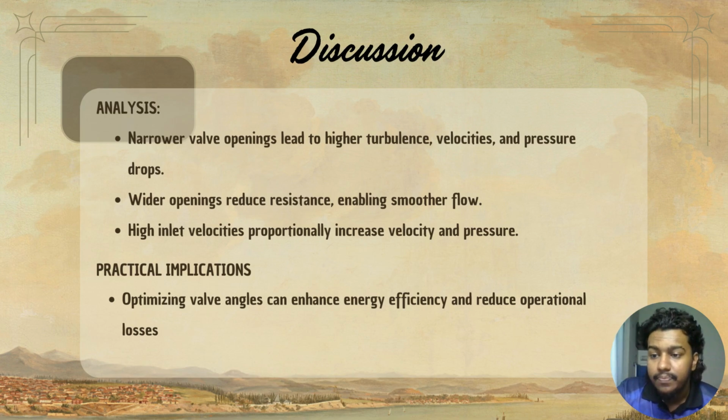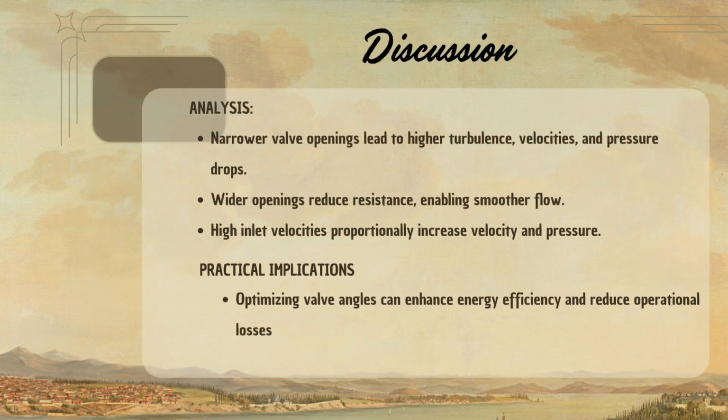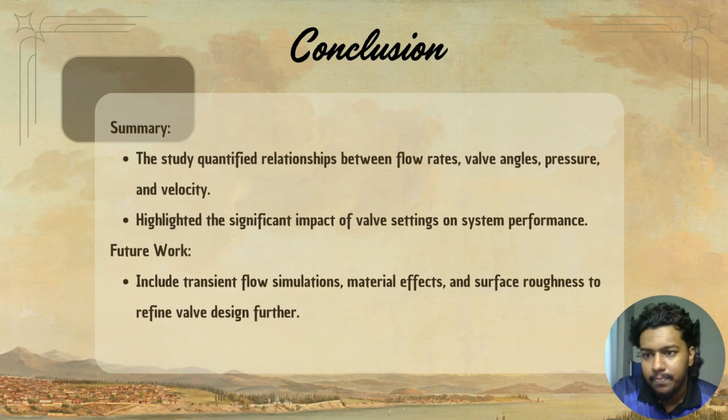What does this mean? In practical terms, if we don't optimize valve settings, we risk wasting energy and creating unstable fluid systems. By carefully choosing valve angles and flow rates, industries can save energy and reduce wear and tear on their equipment. The last part is the conclusion.